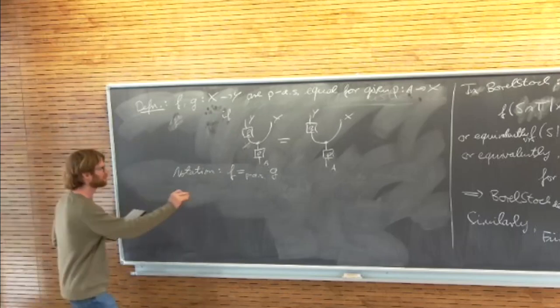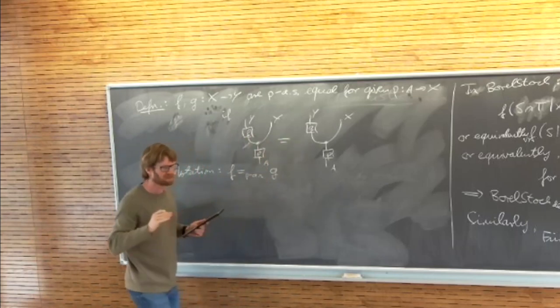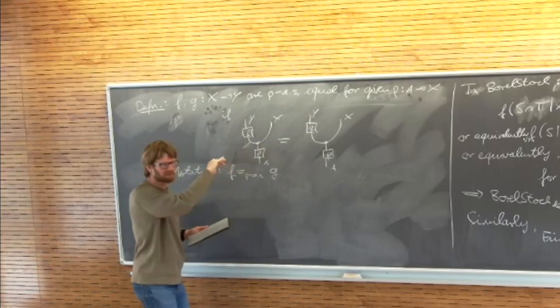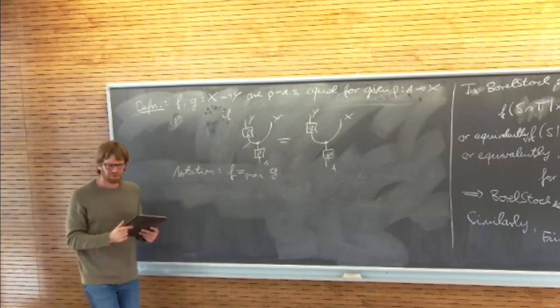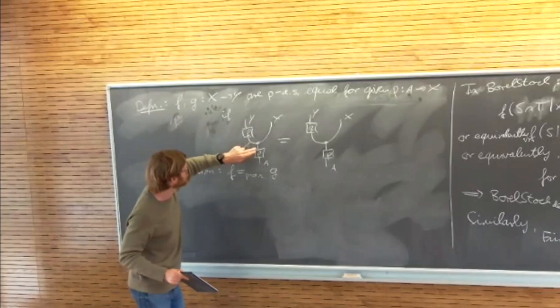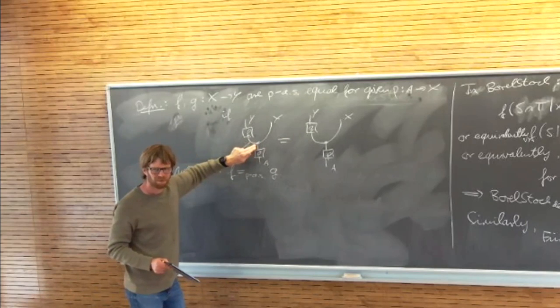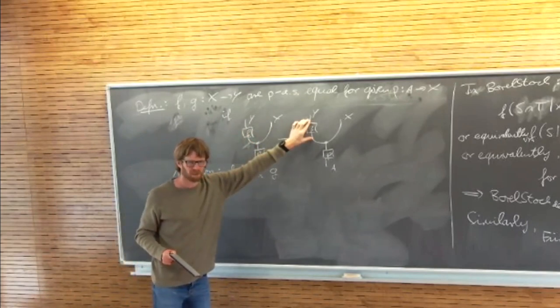Actually, sorry, let's look at the intuition behind this equation first. What this says is that for any output X that can actually occur from P, F and G behave the same way.